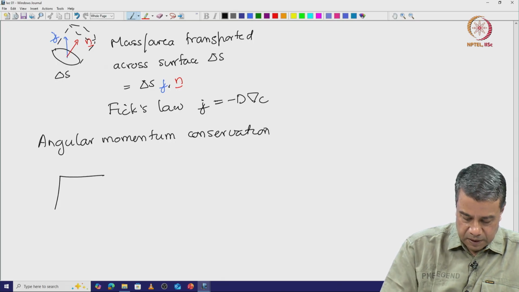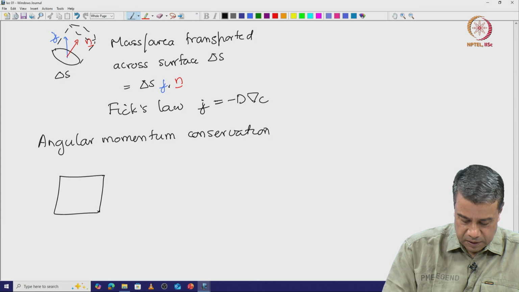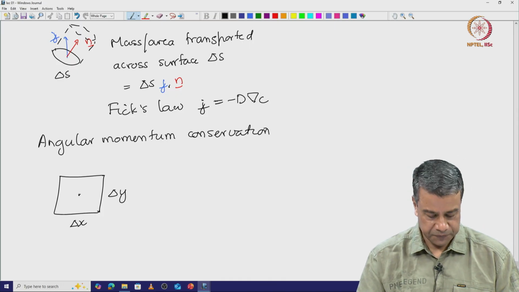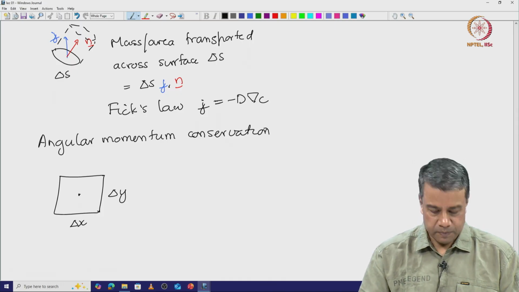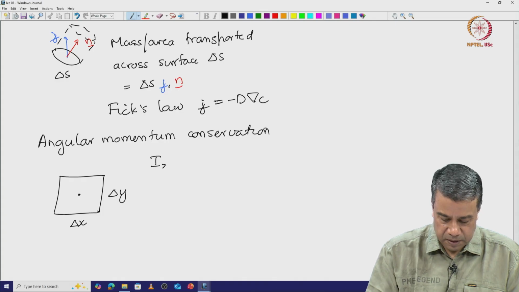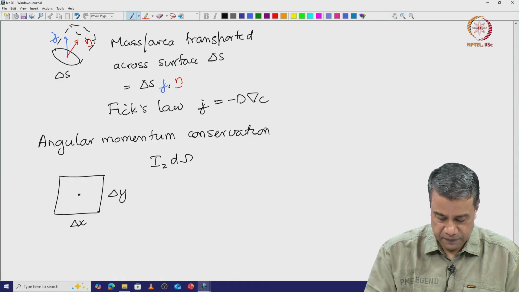If you recall, we had written the angular momentum balance for a differential volume of width delta x and delta y perpendicular to the z axis, that is the moment of inertia about the z axis times d of the angular velocity by dt is equal to the sum of the torques.